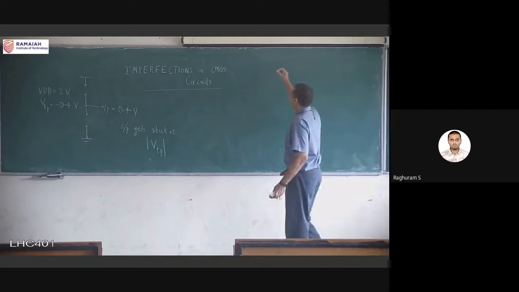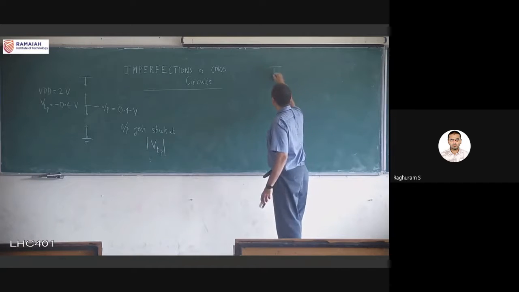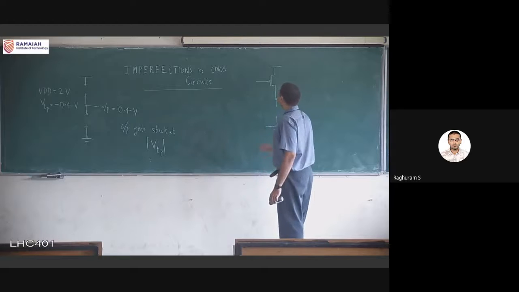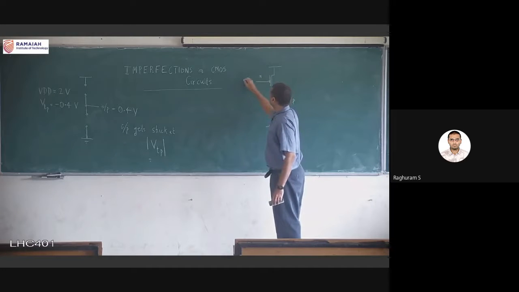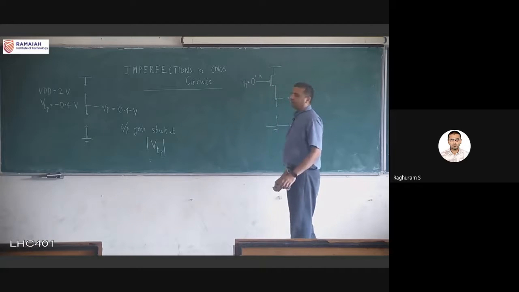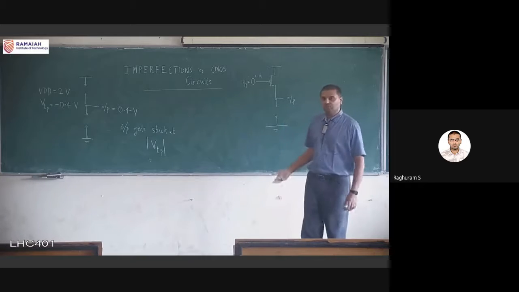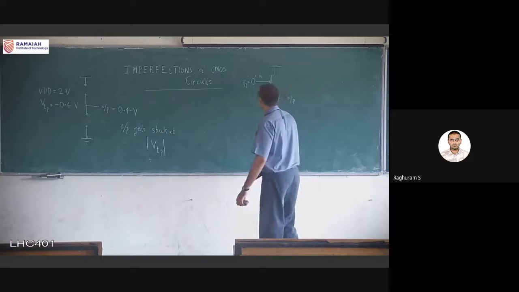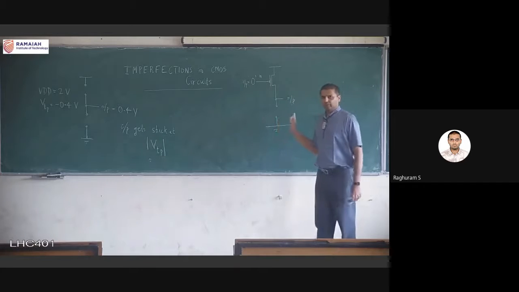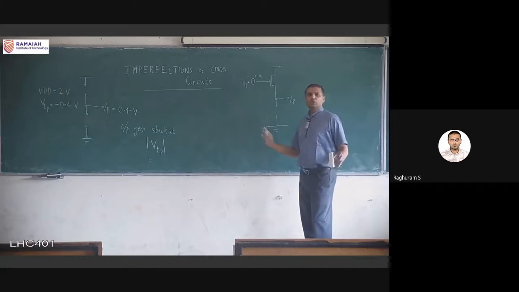I'm going to put the PMOS transistor on top, and while I am doing that, I want you to think of which terminal is the source and which terminal is the drain. Input has to be 0, because that is the only case in which a PMOS transistor will be conducting, so that will not change. And bottom also, I don't care, I don't care what is there, it's just an open circuit.